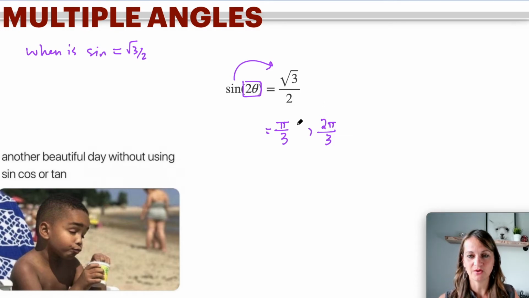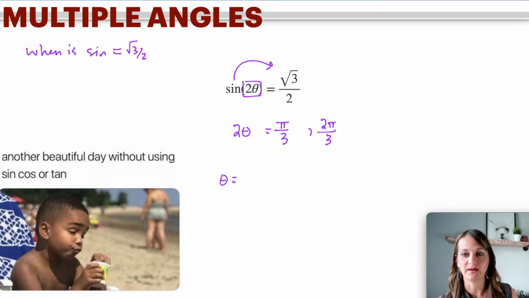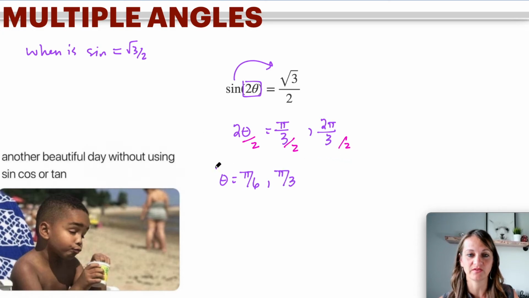You now take those answers and you set that equal to 2 theta instead of just theta, because normally that would be your answer, but that is 2 times the angle to get you there, which means now you would divide by 2 and you would get your answers, which happens at pi over 6 and pi over 3, because that's 2 pi over 6, which is pi over 3.